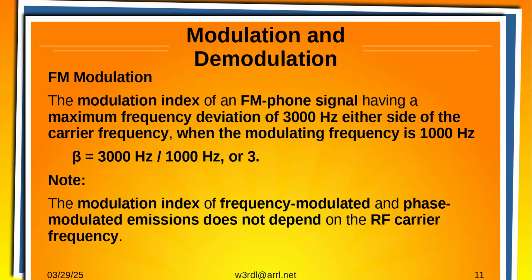The difference here is they're not asking for the max deviation or the max modulating frequency. But I don't know, is that the average deviation they're talking about? I don't know.